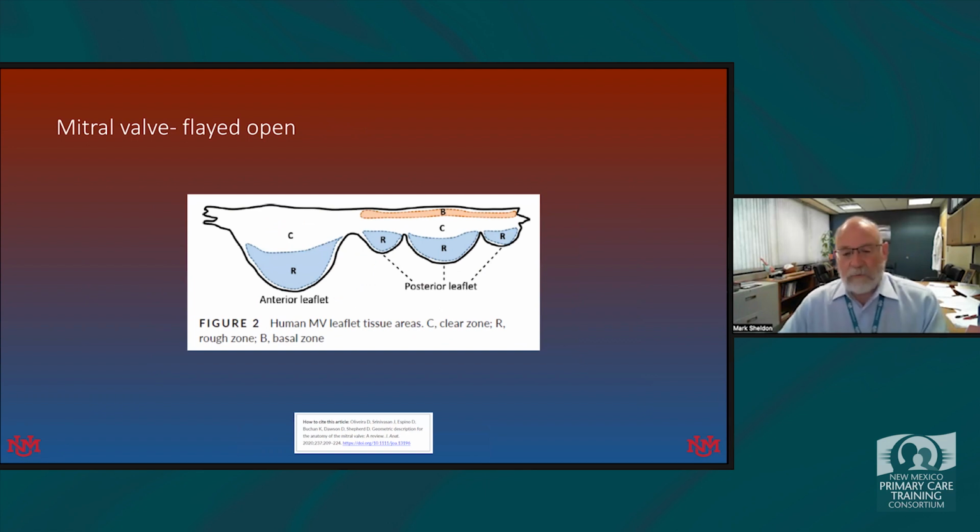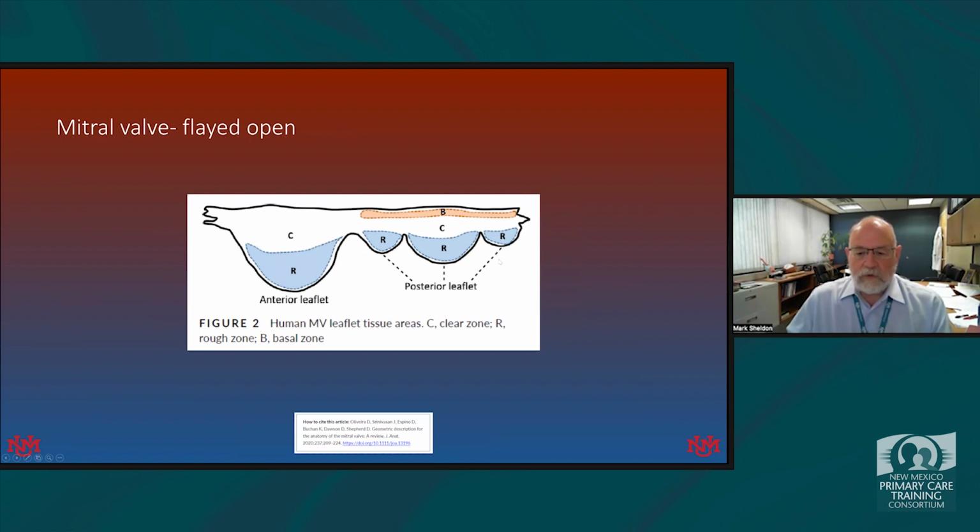In contrast, the mitral valve is much more complex. This is a picture of the mitral valve as if it was flayed open. This would connect over to this on the left side of our heart, so that the posterior leaflets are here and the anterior leaflets here.